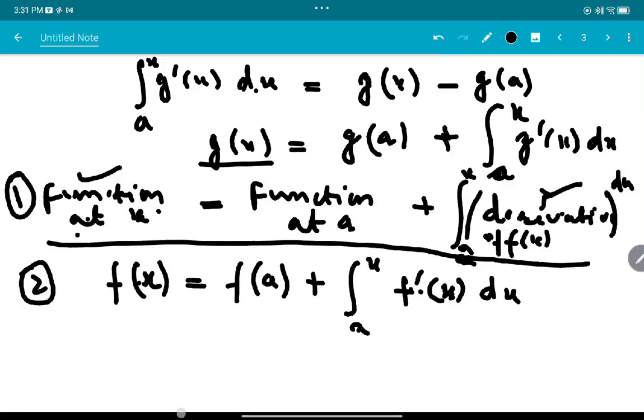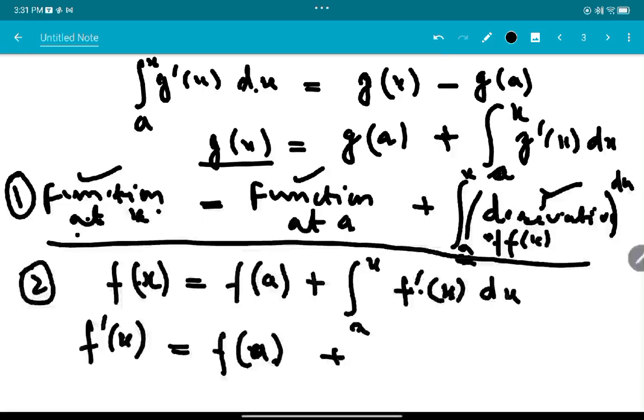You will get f dash x equal to f dash a plus the integral from a to x of f double dash x dx. This is the equation.